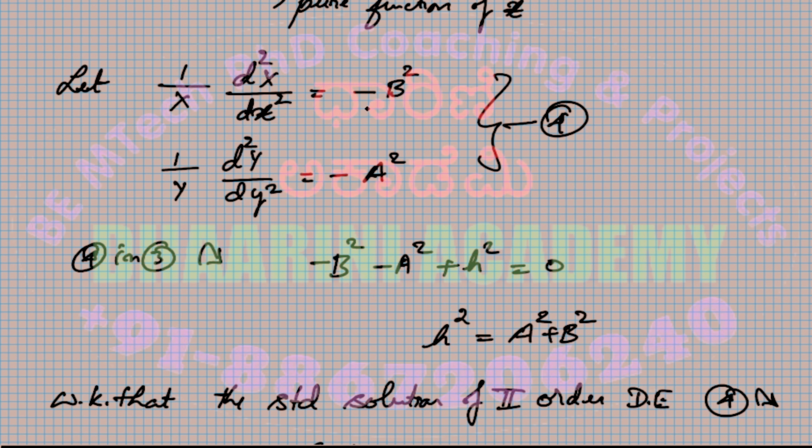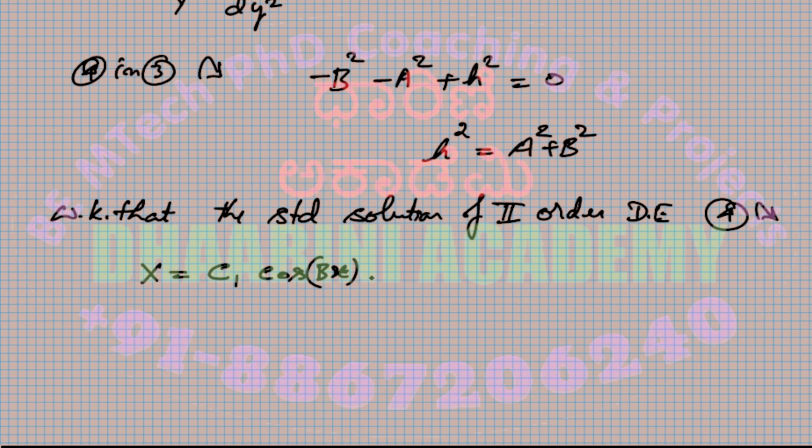So that b is what I'm writing here, c1 cos bx plus another constant into sine bx. Do you remember this kind of equation? Somewhere you might have studied this. It's an engineering maths solution of differential equation.